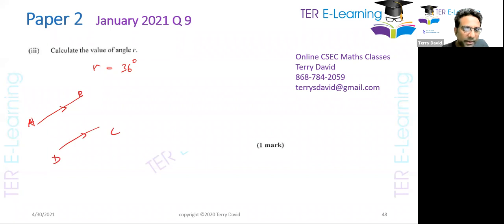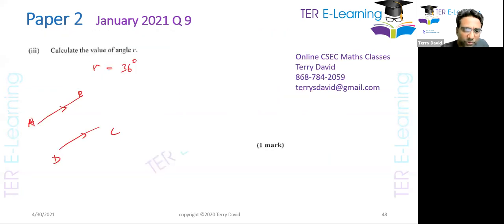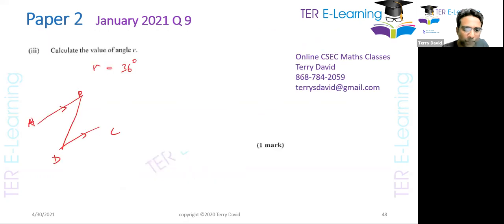And we had B to D and that was 36, and we had A to C. Now this angle here was 36 degrees, and this angle here, which is R, must also be 36 degrees.